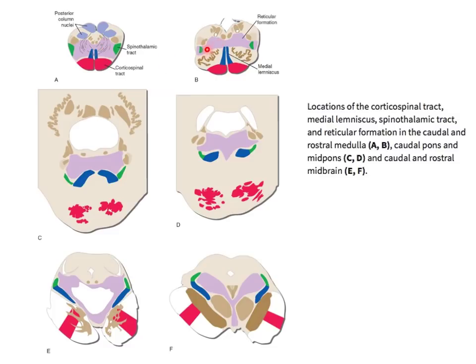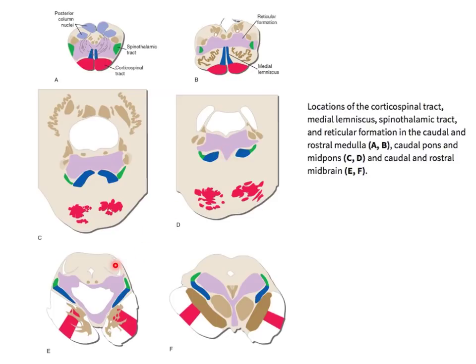As we move a little bit higher up, we see it at the midsection of the medulla. It's seen here in the pons, just above the medial lemniscus. The medial lemniscus is seen here in blue, over in this portion of the pons, also just below the fourth ventricle.